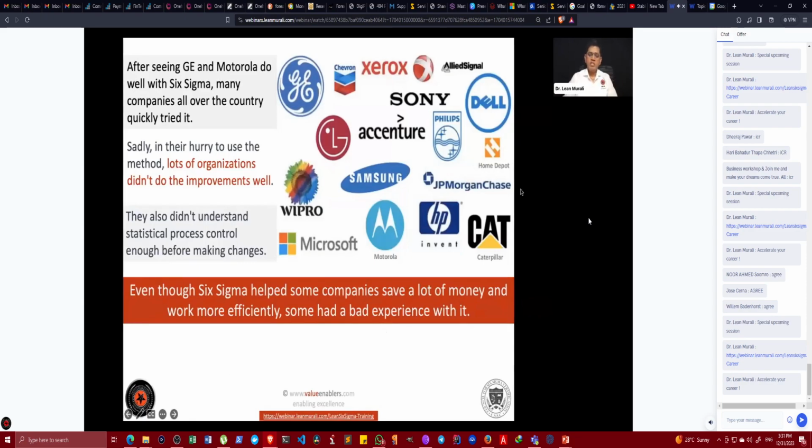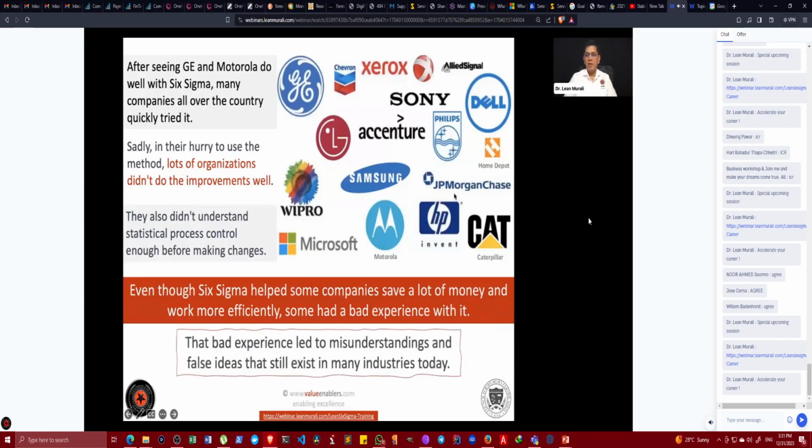So, even though Six Sigma has helped the company save a lot of money, some had bad experience with Six Sigma as well. Let me confess that frankly here. Okay, this bad experience, it has created a misunderstanding, okay, and false ideas about Six Sigma.